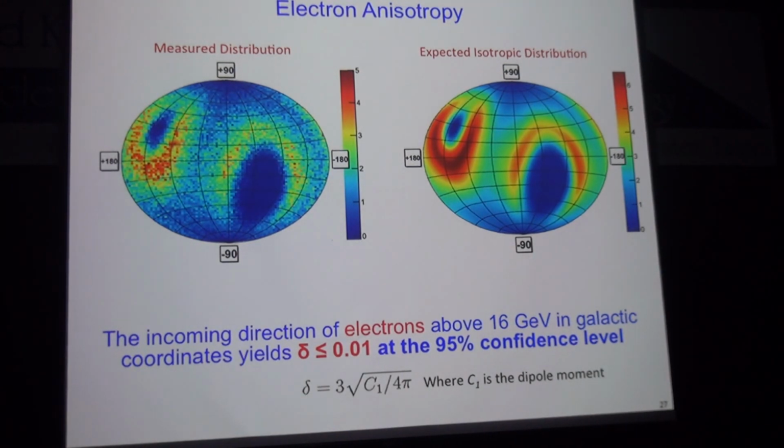We don't think that there are pulsars very close to us. So even if it comes from a single pulsar, it will probably still be isotropic.